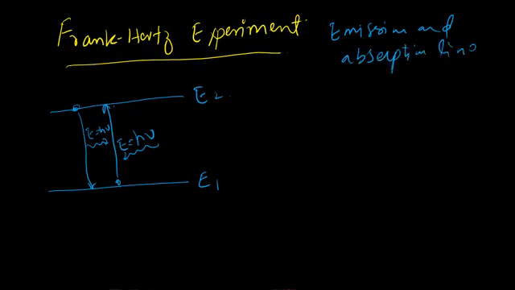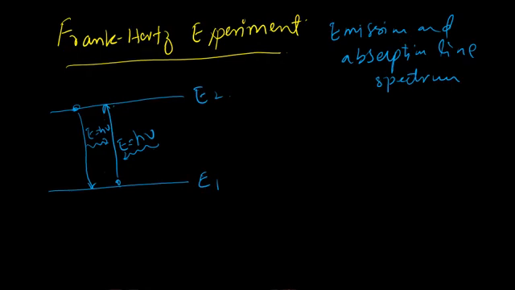So Franck and Hertz were the first to experimentally confirm the presence of discrete energy levels by their experiment. So what was the setup of the Franck-Hertz experiment?